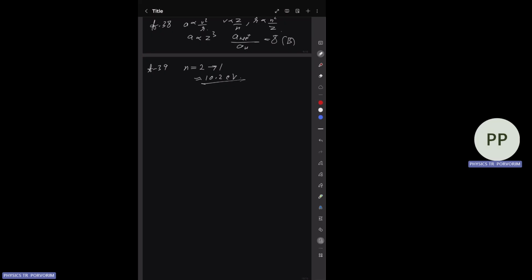Energy is proportional to frequency, so option B will be correct.